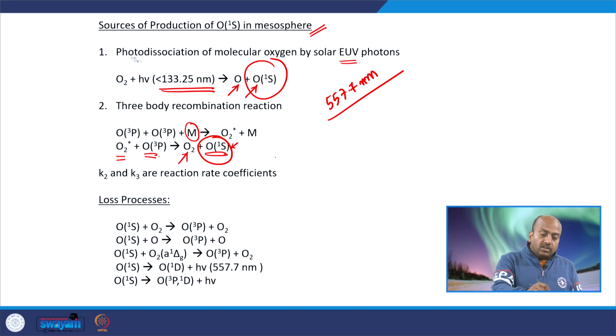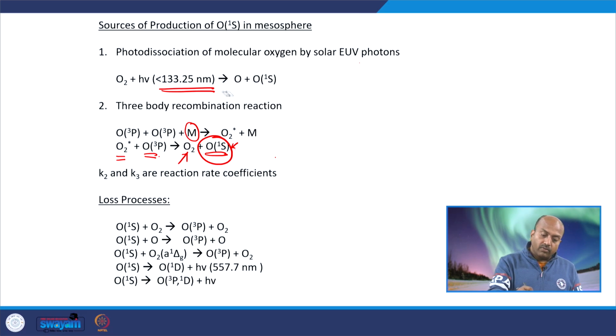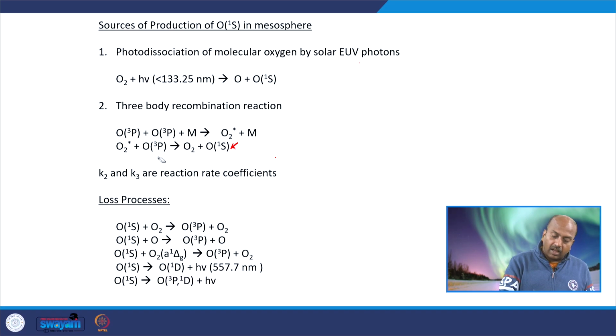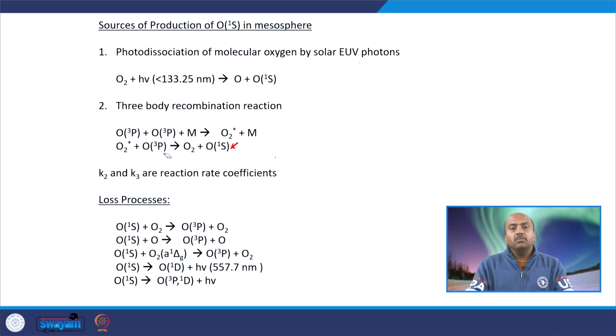the rate at which this reaction proceeds depends on a lot of things, on the reaction rate coefficients, which in turn depend on the temperature. Right. So that means the ambient conditions matter; it is not sufficient for you to just have photons and oxygen atoms. The ambient conditions heavily depend on the temperature. For example, if the reaction rate coefficient of a certain process is very, very high, the rate at which this reaction will proceed will be very, very fast.